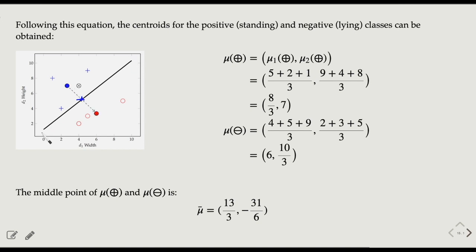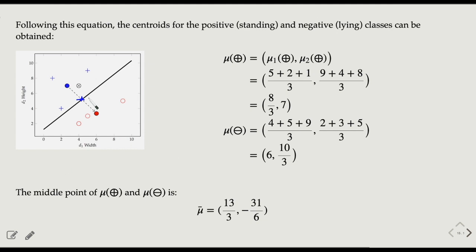Okay, so something perpendicular to the dashed line becomes a linear function to separate these 2 classes, which looks good here. So the first idea is that we need to find where the center is, which becomes a very simple calculation between the two centroids here.